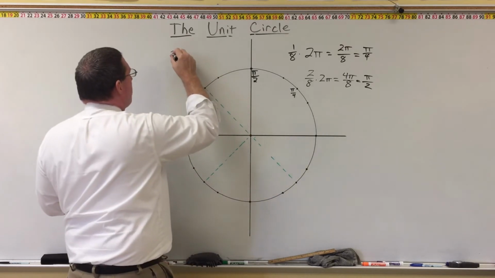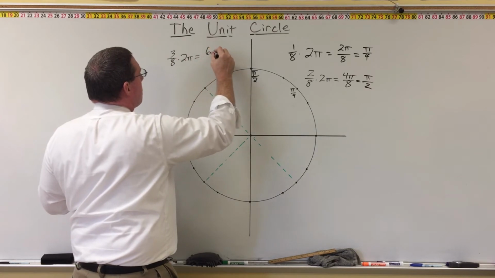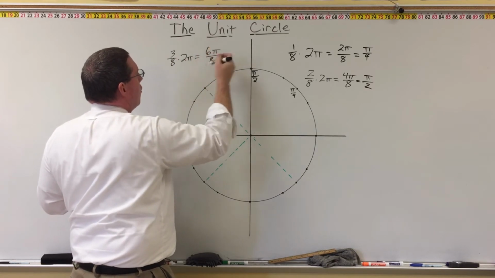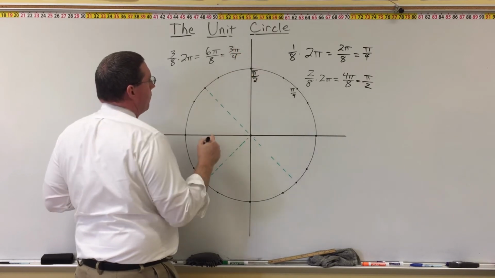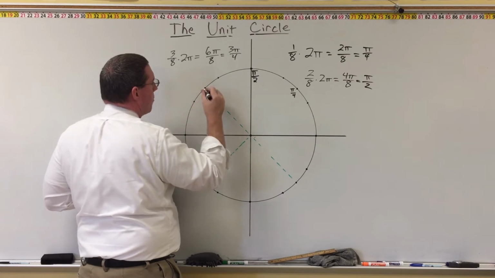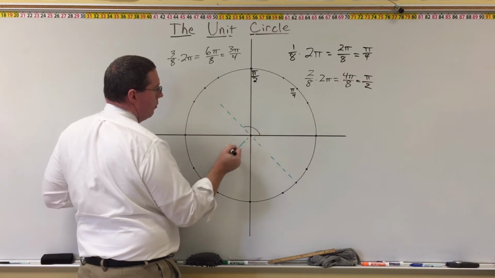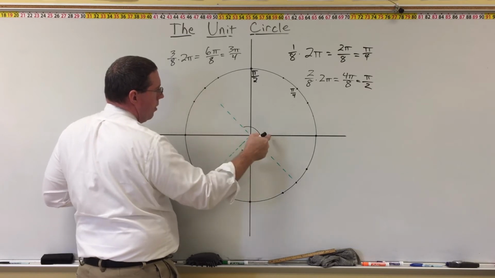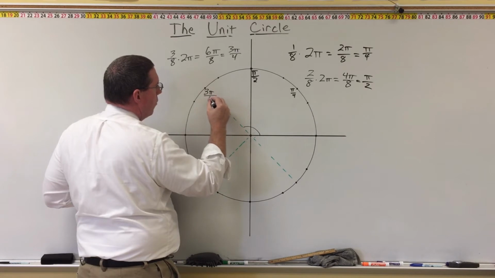That's going to be 3/8 times 2 pi, which gives us 6 pi over 8. 6 over 8 reduces to 3/4, so that's 3 pi over 4. This point right here represents the angle measure that goes from here over to here. So this angle measure is 3 pi over 4.